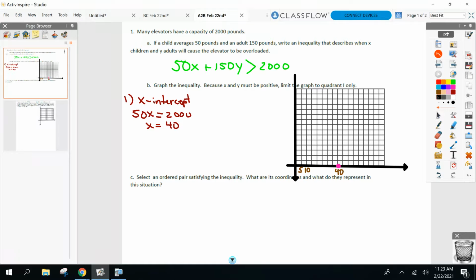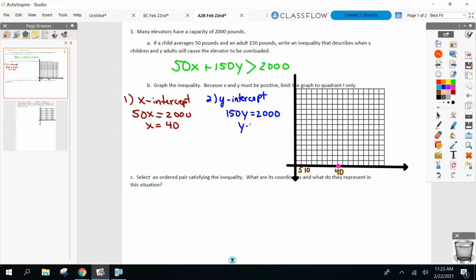Now let's do the same thing for the y-intercept. Now I'll plug in 0 for x. And yeah, you're going to get a little decimal here. Well, that's okay.